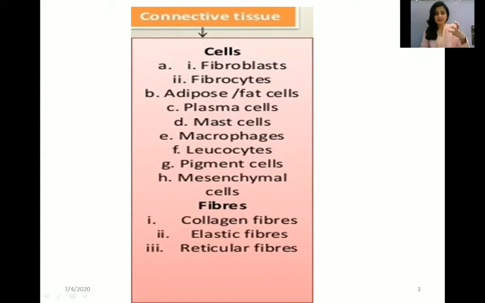Different types of fibers and cells together make up the connective tissue. Depending on what type of cells and fibers are present, and their quantity, the connective tissue is classified into different sub-classifications.